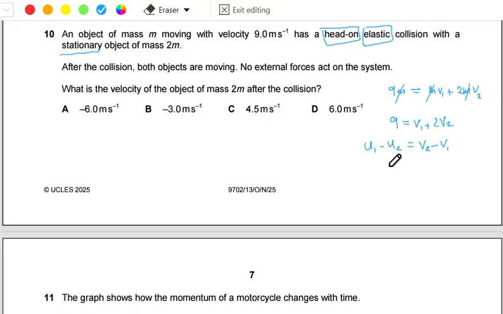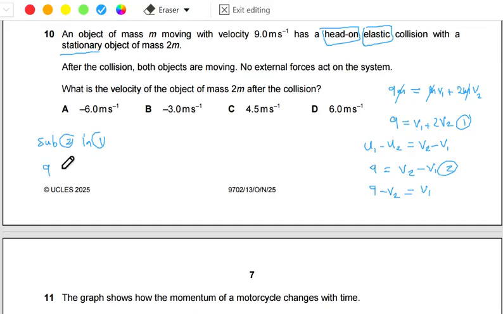Here u2 is 0 because it is initial velocity of the object of 2m mass, so we have only 9 equals v2 minus v1. We can name it as 1, and this is 2, and we can rearrange 2 to be v1 equals 9 minus v2, and then substitute 2 and 1.